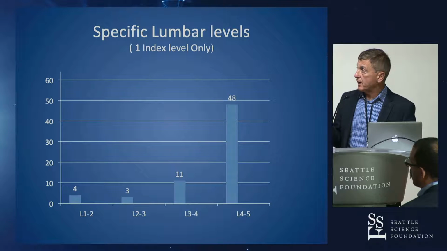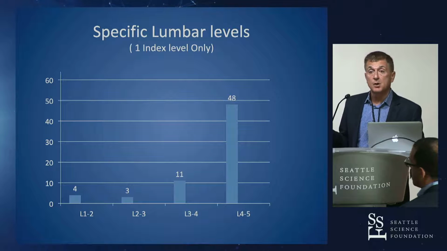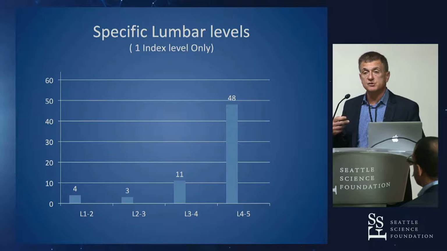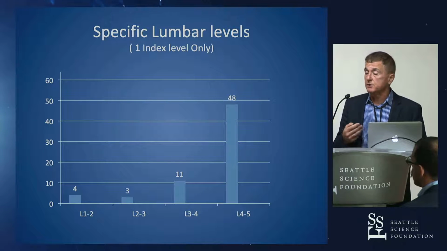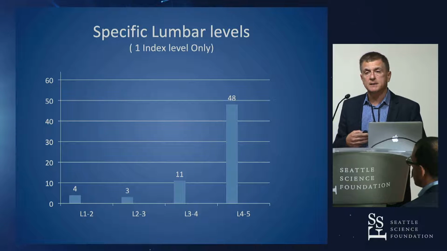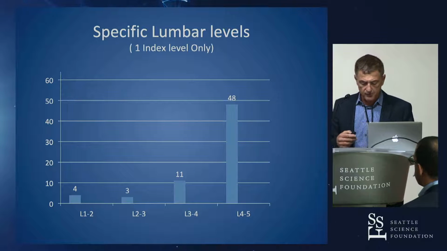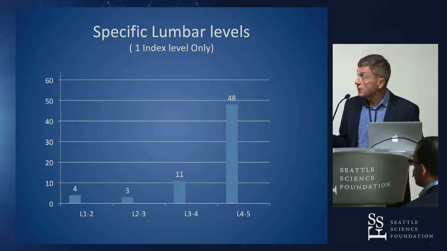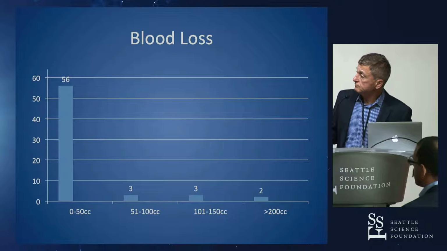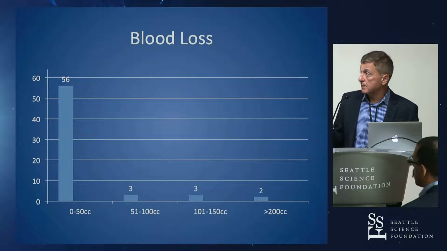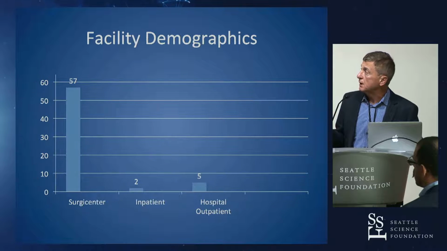So mostly they were at L4-5, which is very important because there has always been criticism with transpsoas approach, getting neuropraxias of the femoral nerve, especially when you do L4-5. So they were mostly L4-5s. And blood loss was most of the time less than 50 cc's. We had a couple above 200.